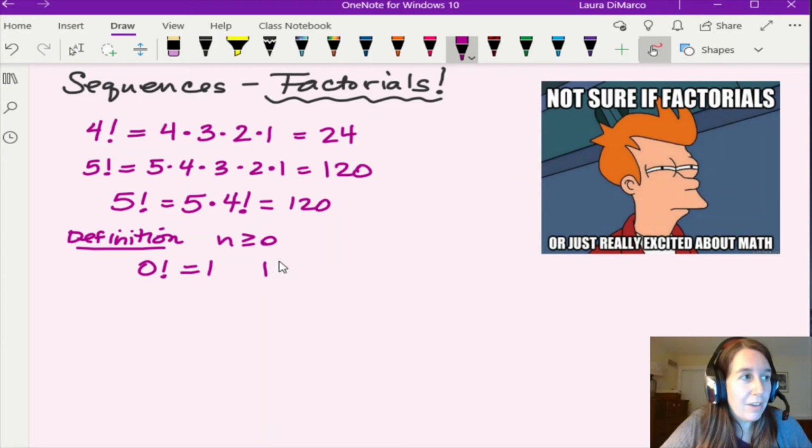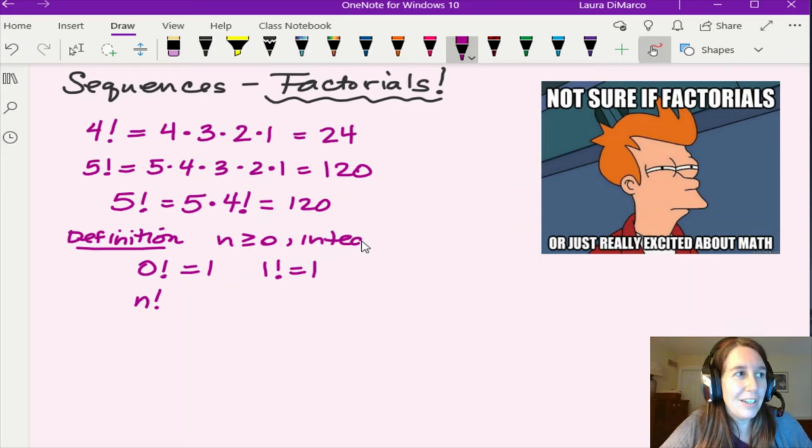And then 1 factorial is defined as 1 as well. That one also doesn't necessarily make a lot of sense. That's just the definition. After that, n factorial, where n is greater than or equal to 0 and an integer. The factorials are only done on integers, 0 and up.